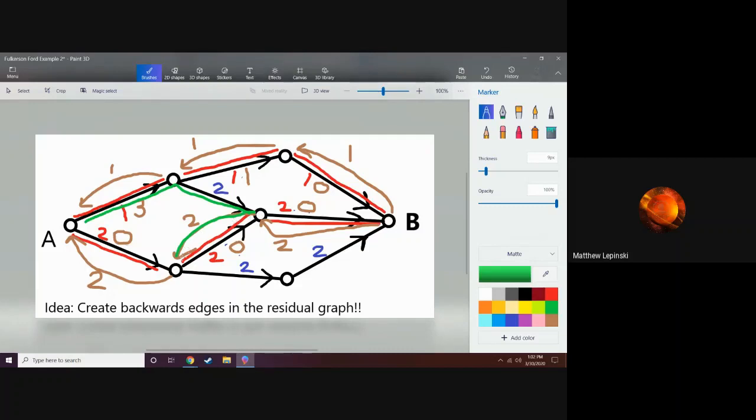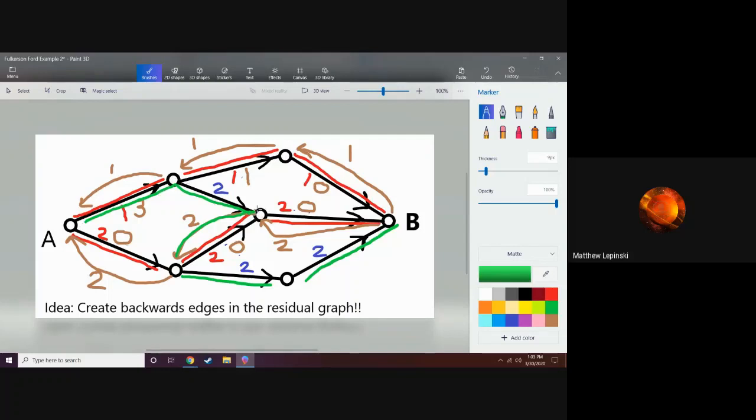I'm going to undo this decision and then go here and go here. So I have now found another path to get from A to B in the residual graph, but in so doing, I'm going to be undoing my decision to send flow from south to center, and instead I'm getting flow from A to the center point using residual capacity here.